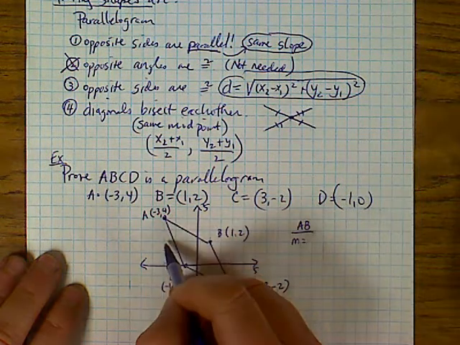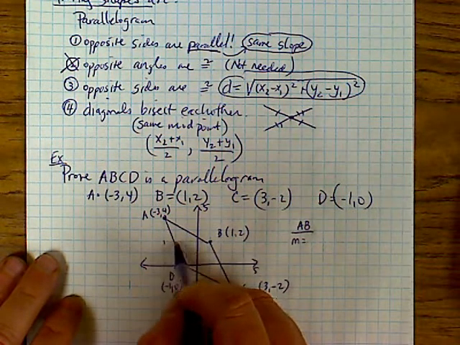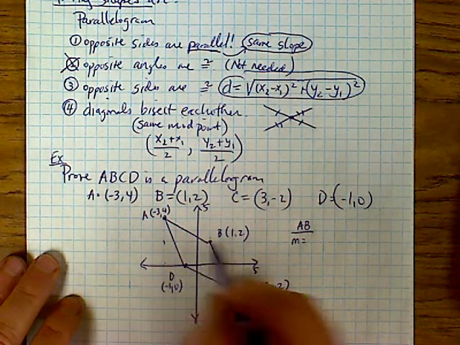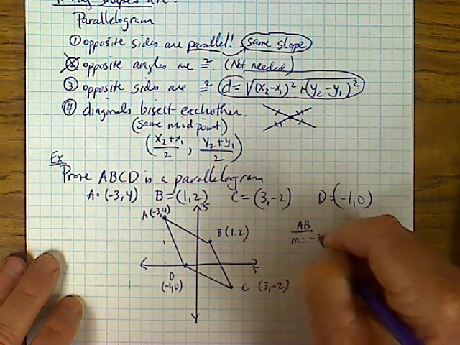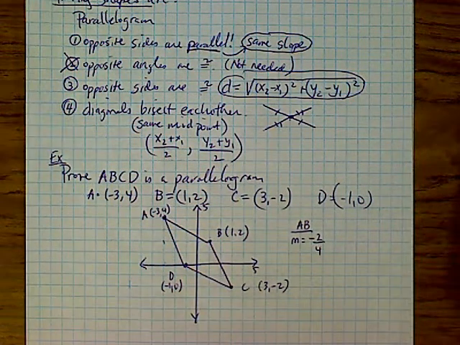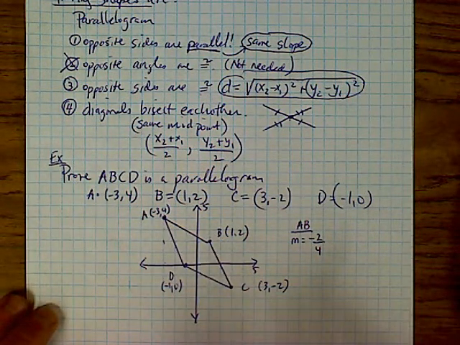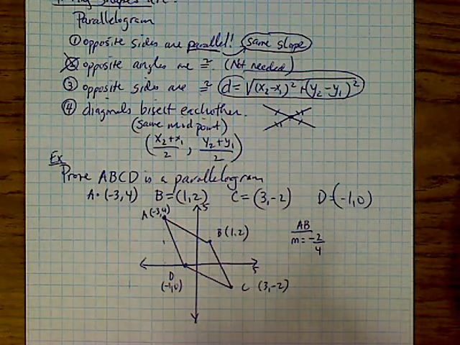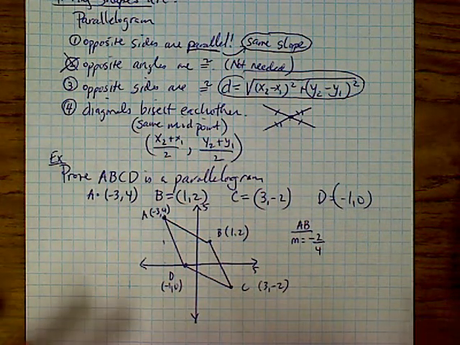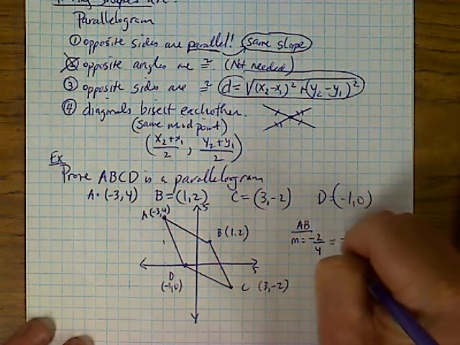You go down 2 and to the right 1, 2, 3, 4. Again, we've counted slope before. Rise over run from A to B, down 2 over 4. So that's -1/2 for the slope.